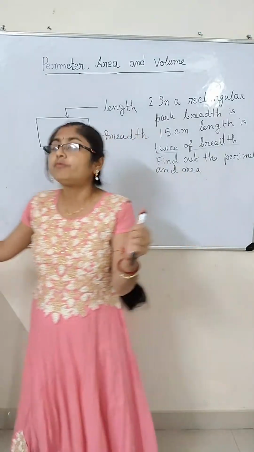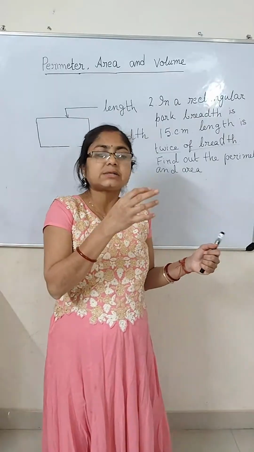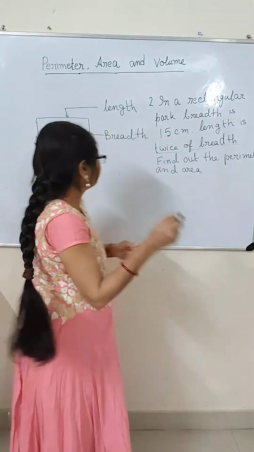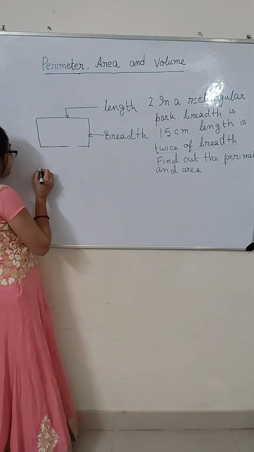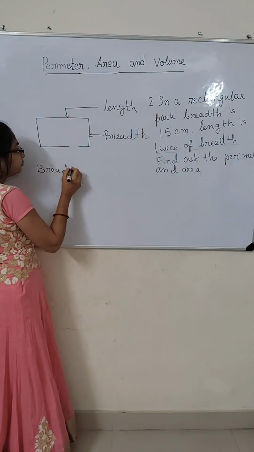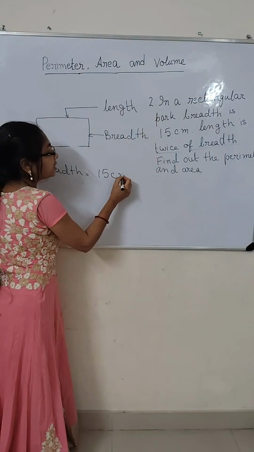Clear? So first, what is the procedure of the math? First, what you have, you write one side. So you can write in this way, breadth: 15 centimeter. It is given in the maths.